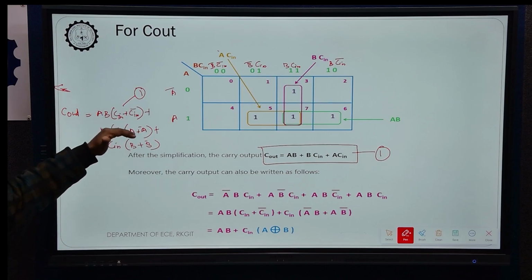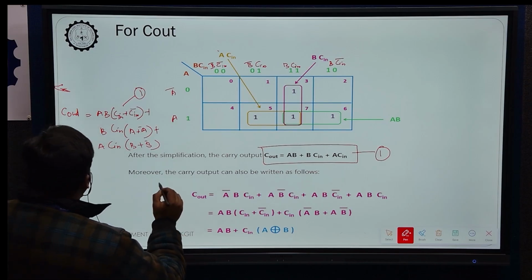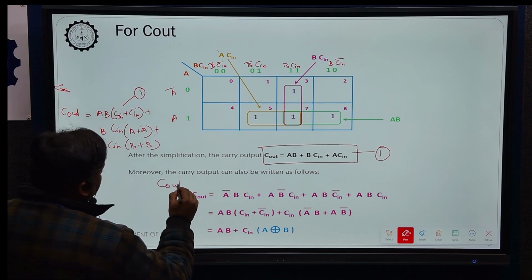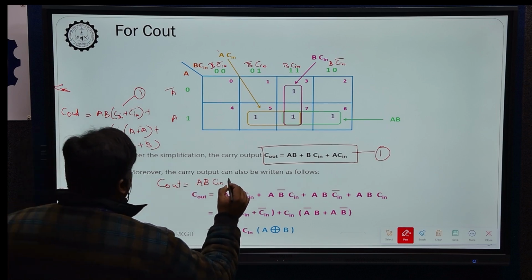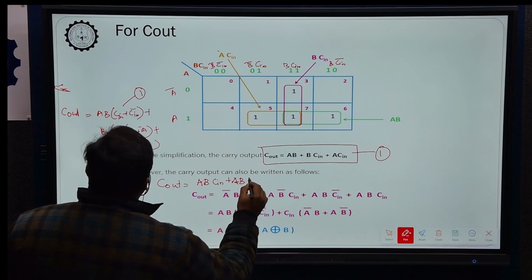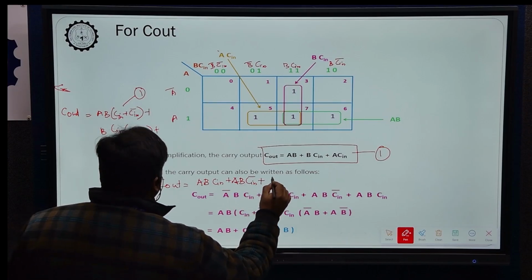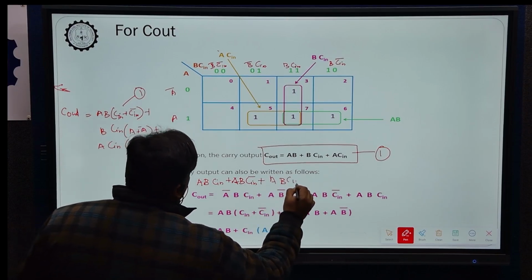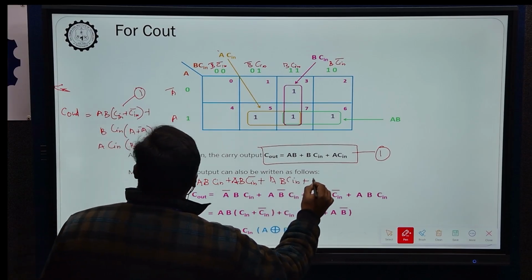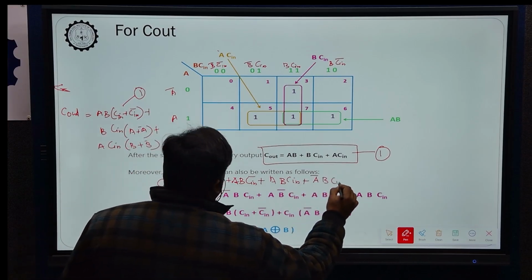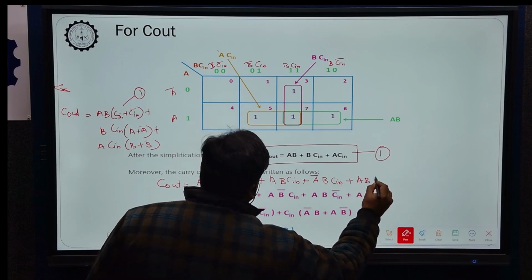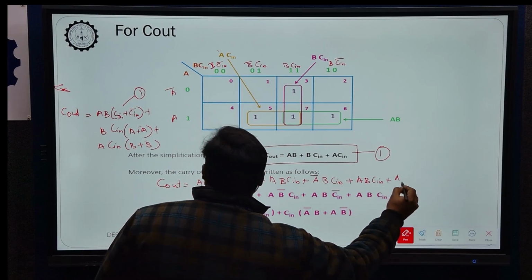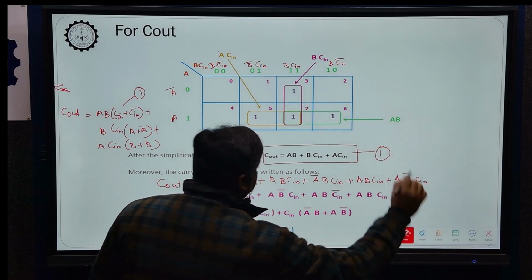If we expand this, it becomes ABC in plus ABC in bar plus ABC in plus A bar B C in plus ABC in plus A B bar C in.